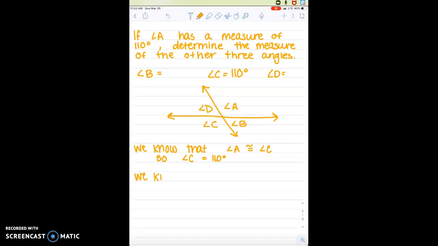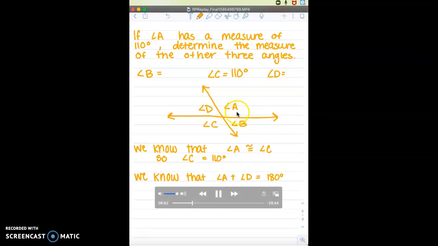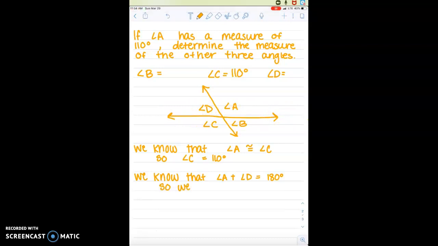We also know that angle A and angle D are going to add to 180 degrees right here because they both sit on this straight angle, okay, which means they are supplementary.